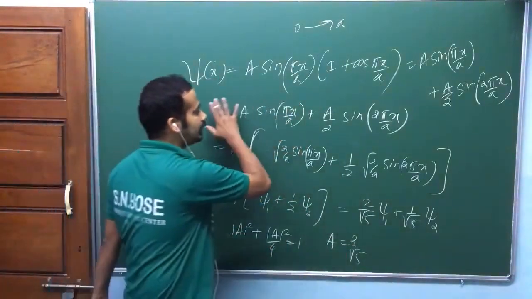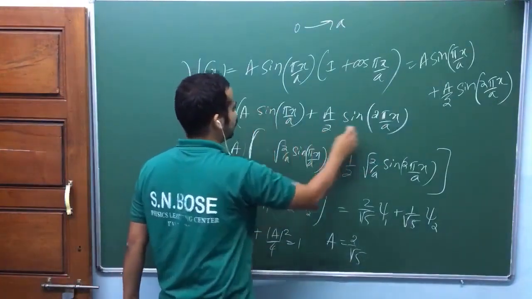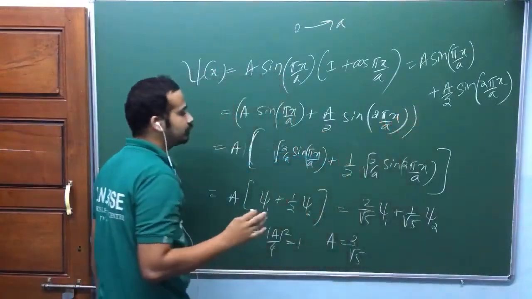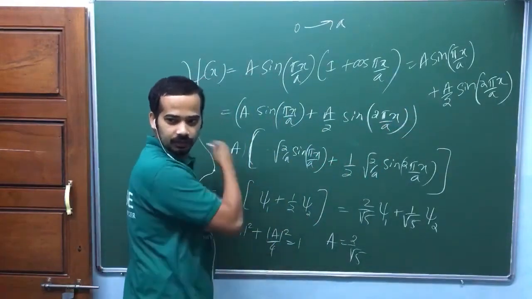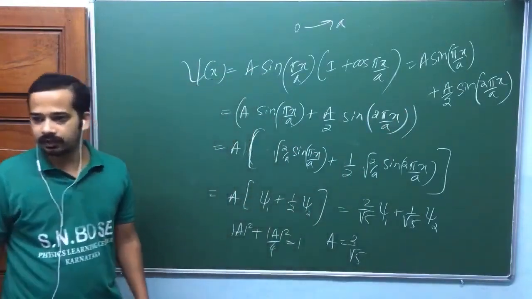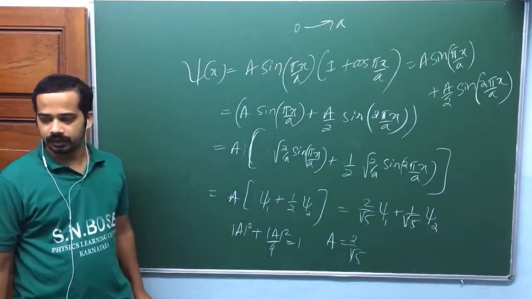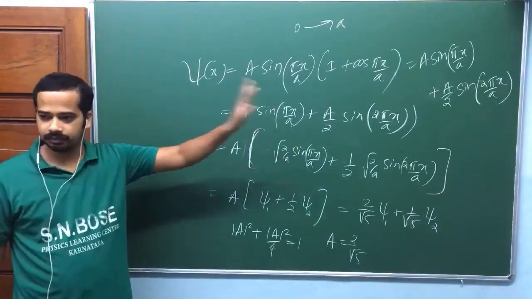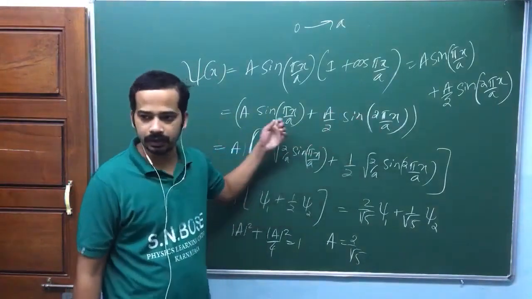Or while dealing here itself, look at here. What you need is root of 2 by a. Just throw in root of 2 by a. The whole thing is multiplied by root of 2 by a, isn't it? No physical property will be changed if you do that. It will be the solution of the Schrodinger equation with the same property. Is that okay?